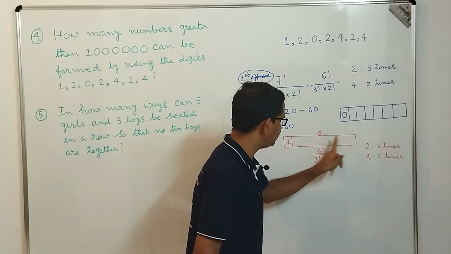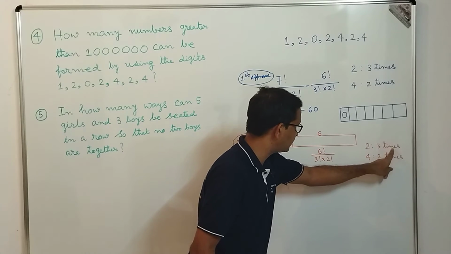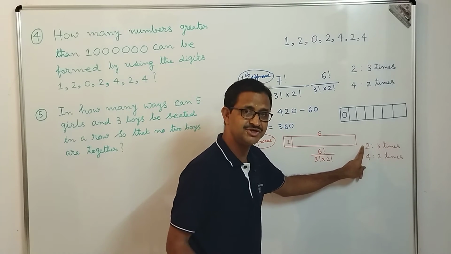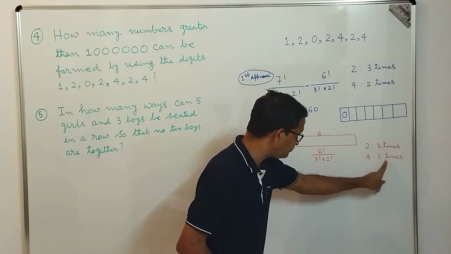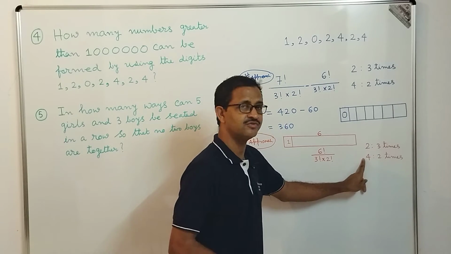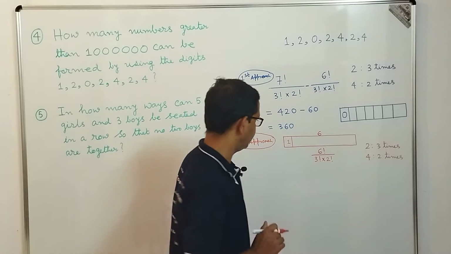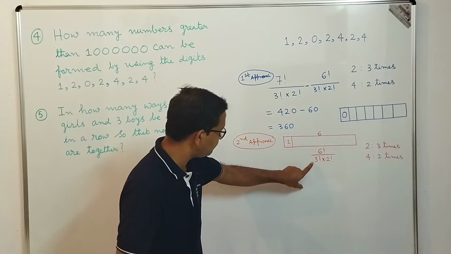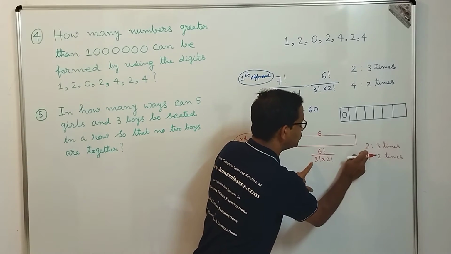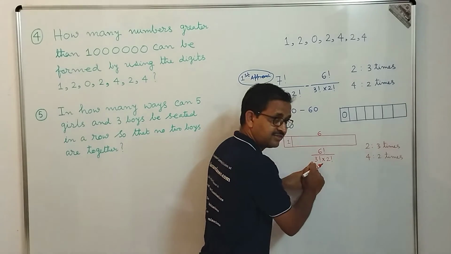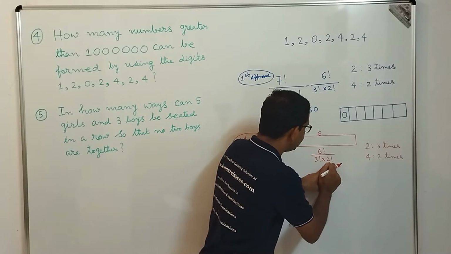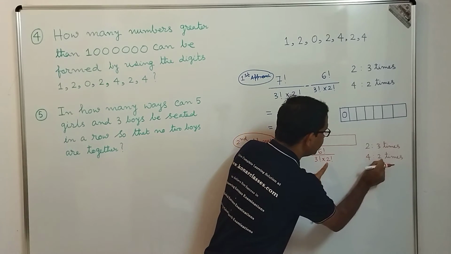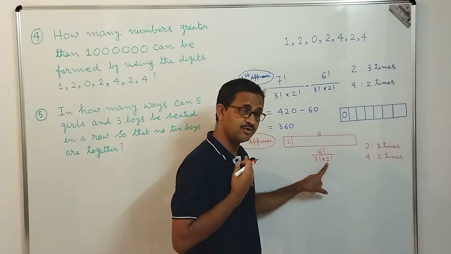Out of those 6 objects, we see there are 3 objects of one kind, that is digit 2, and there are 2 objects of another kind, that is digit 4. So what are the possible number of arrangements? Factorial 6 divided by factorial 3, because the digit 2 appeared 3 times, into factorial 2 because the digit 4 appeared 2 times.